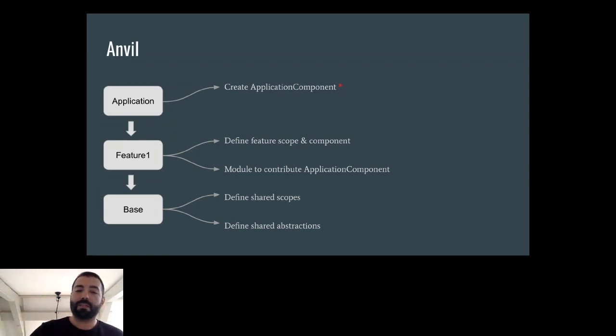Besides creating the application component, we will also bind for the other components. So let's start. Here, I'm going to have these squares representing the Gradle modules, and in the bottom right corner, you can see which level we are at right now. So on the base layer, I'm going to have the abstractions and scopes, as I mentioned.